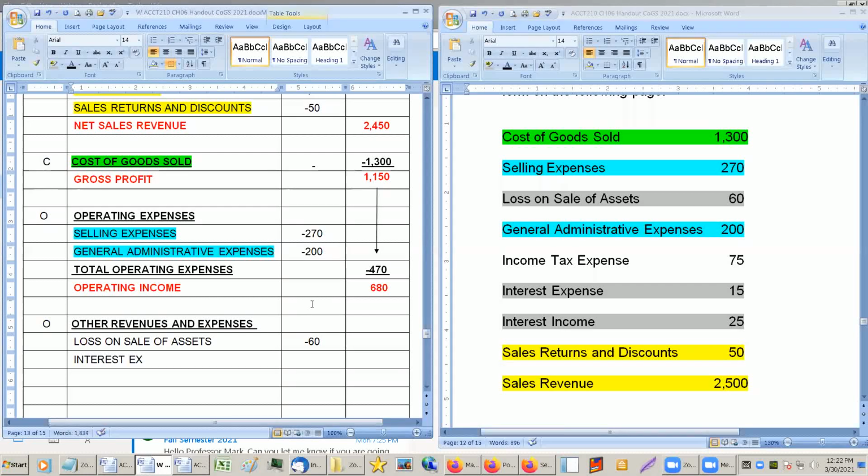The interest expense is going to be a minus. But this interest income is money that came in.